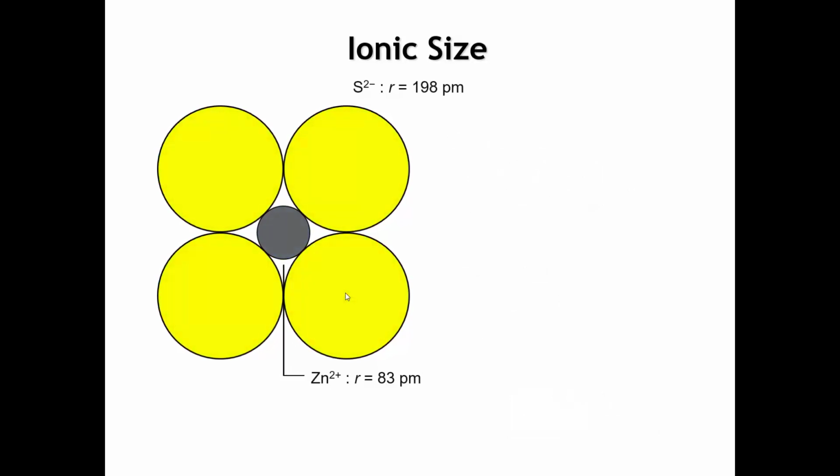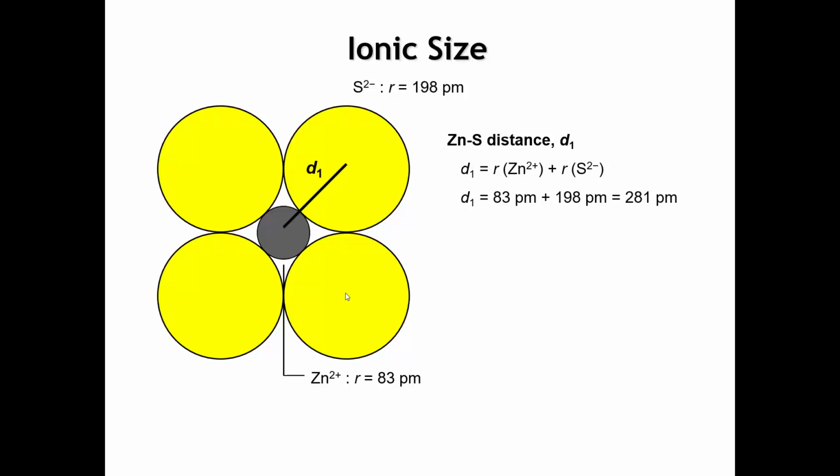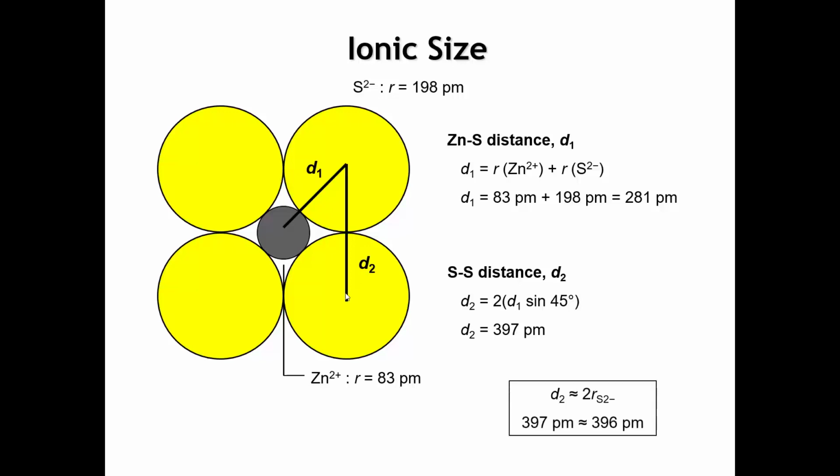Now, eventually, even 6-coordinate becomes too small, and we can do the same calculation for zinc sulfide. What we get is the zinc-sulfur distance being 281 picometers, and then the sulfur-sulfur distance being 397 picometers, and that 397 is very close to the sum of 2 sulfide ion radii.